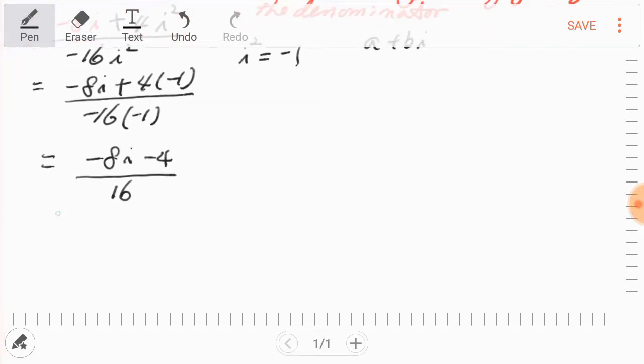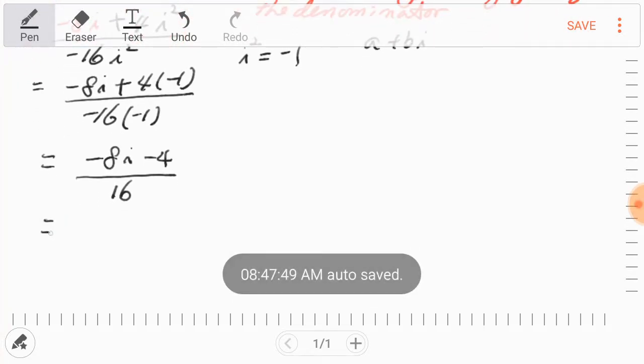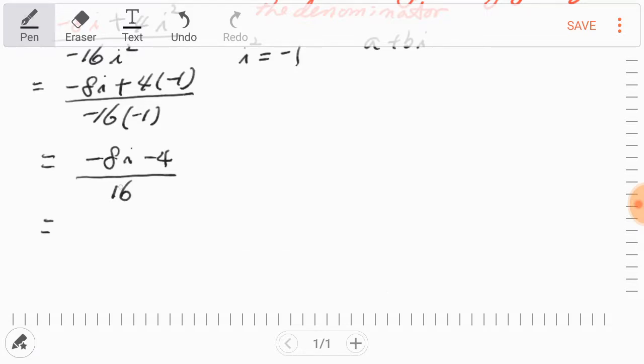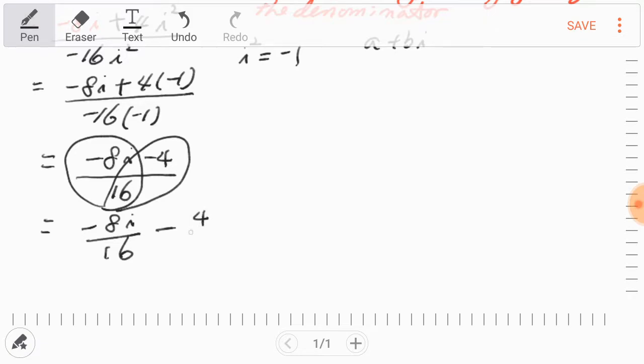And then we can separate each term in the numerator divided by 16. Negative 8i over 16 minus 4 over 16.